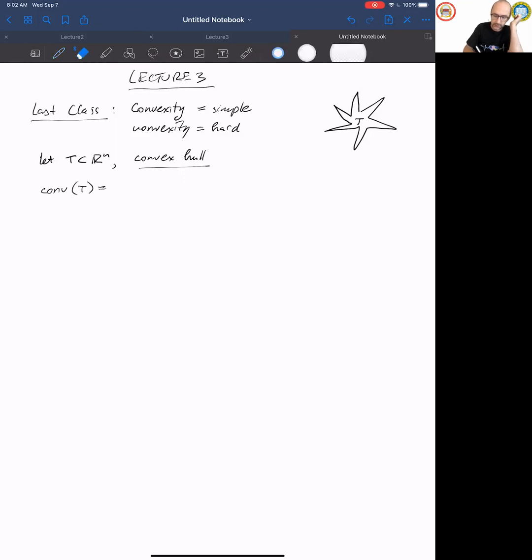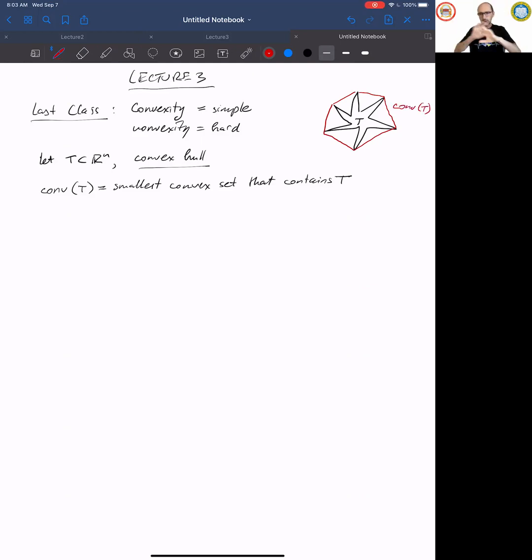This is the smallest convex set that contains T. So in this particular example, it would be this hexagon. All of what's inside it is the convex hull of T.